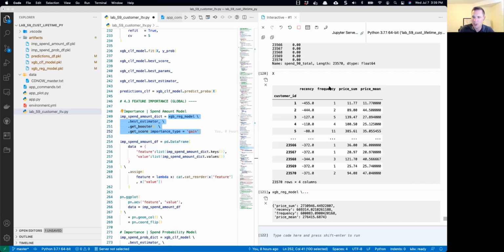So instead of just doing a recency, frequency, price sum, and price mean, we can add in the geographic feature where this customer is located, if you know that, what the gender of that customer is, and so on. And you can really get pretty powerful models. So we have a lot more features in addition to these types of features.